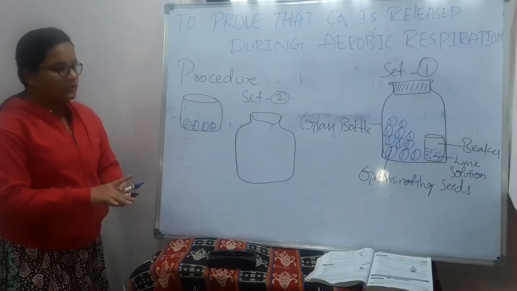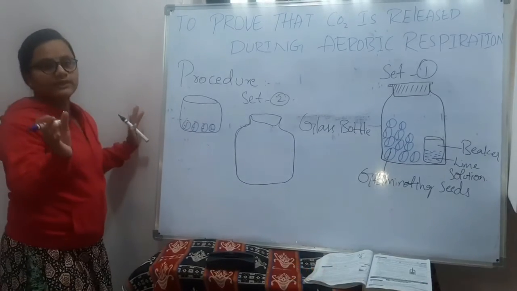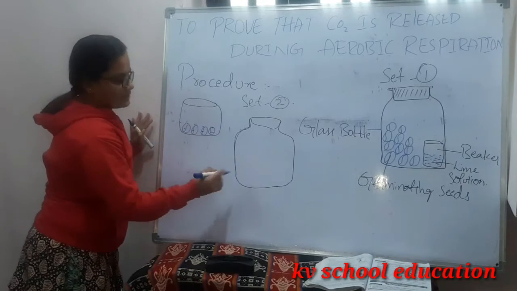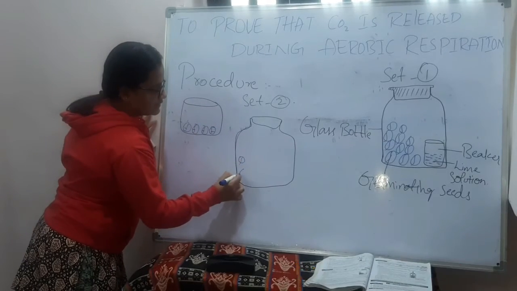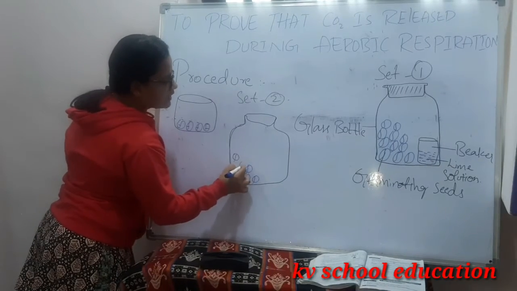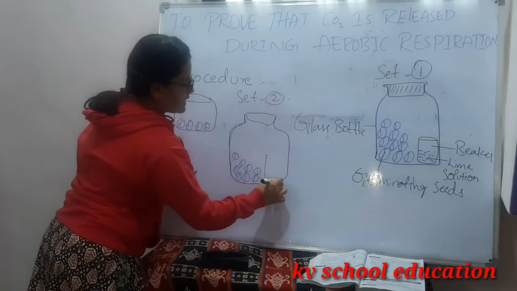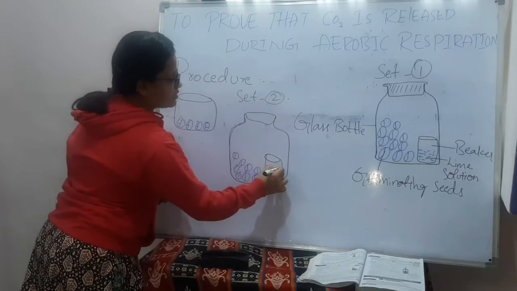Here, without tying in the cloth and without soaking the seeds in water, we need to pour dry seeds in the bottle. With dry seeds we need to do this activity. Here too, we need to place the lime solution.